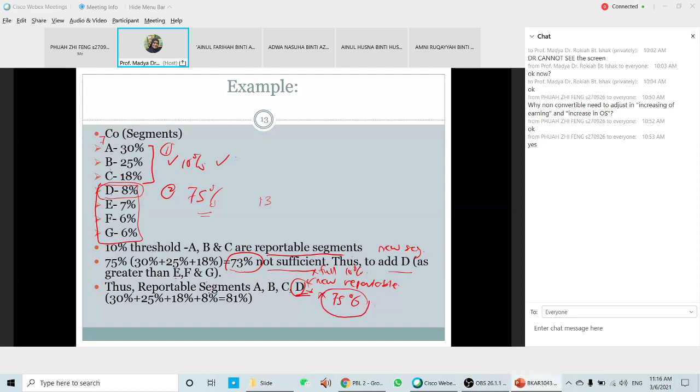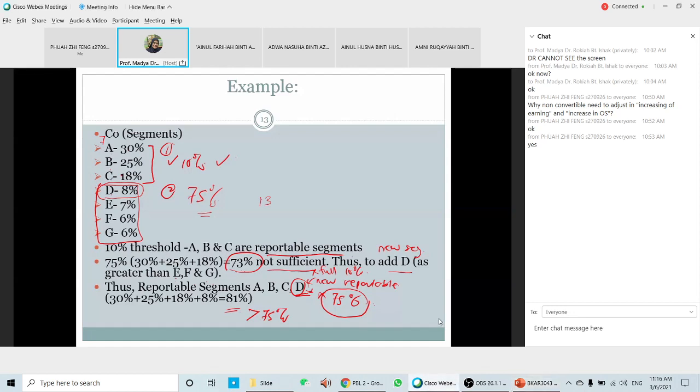So when you add D here, now it becomes 81%. 81% is more than 75%. This is what is mentioned by paragraph 15. So the segments have passed the threshold test, or the quantitative test.